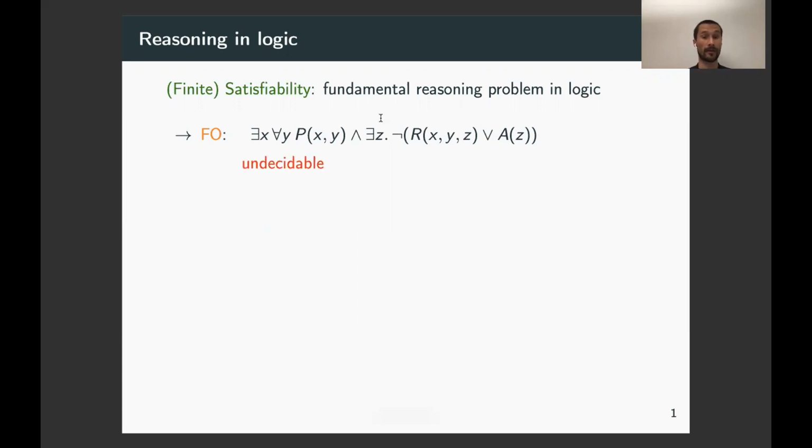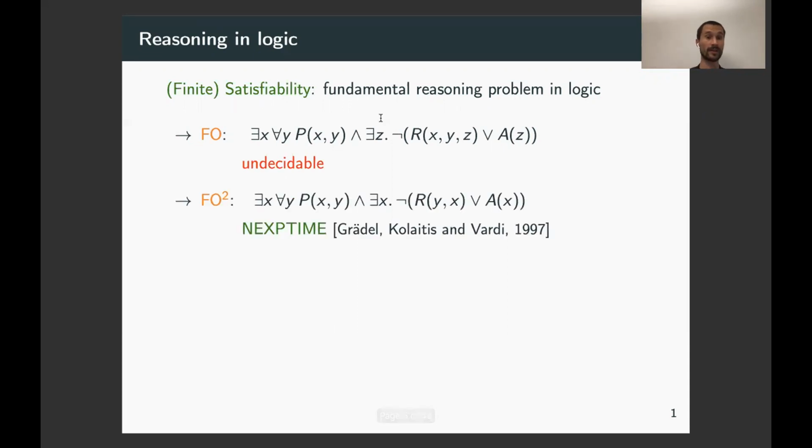However, everyone knows that satisfiability is undecidable in this logic. So the question is how to restrict first-order logic so that we can regain decidability. And one of the fundamental attempts is to restrict ourselves to just two variables. And so we come to first-order logic with two variables, FO2.